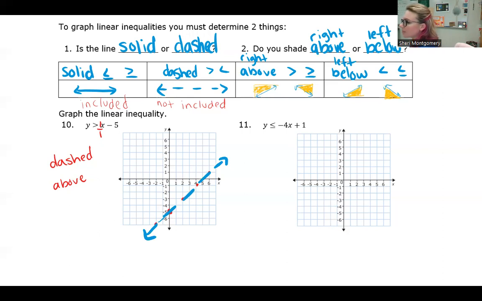And then it says that I'm going to shade above. And when I shade above, I can go up and to the right. I'm going to shade all of that. So all this over here would be shaded.